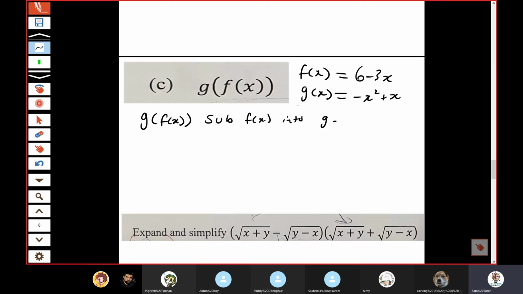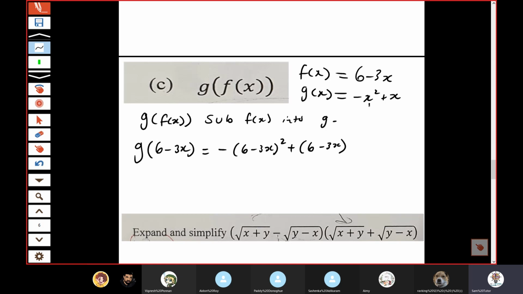So it's going to look like this. g. What is f of x anyways? f of x is 6 take away 3x. Sub this into g. It will look like this. Can you see that happening, Ethan?